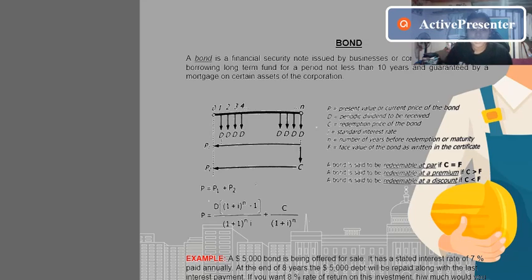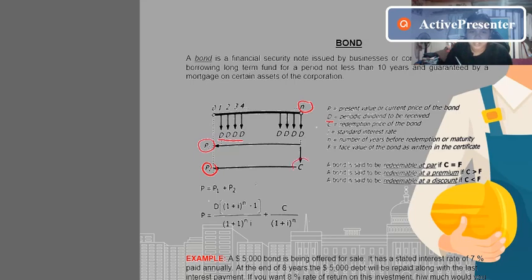So, we have here our cash flow. So we have given D. This D is the periodic dividend to be received. And we have our N, the number of years before redemption, or when our bond matures. And we have our P1, P2.